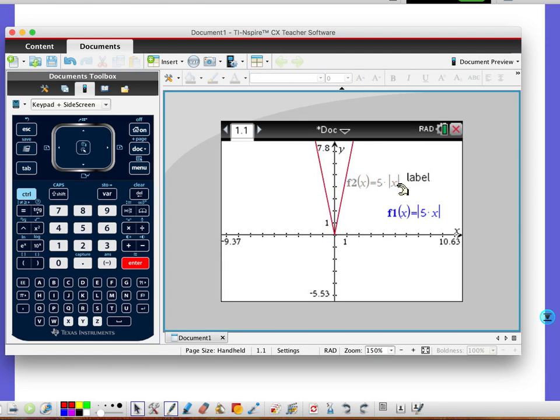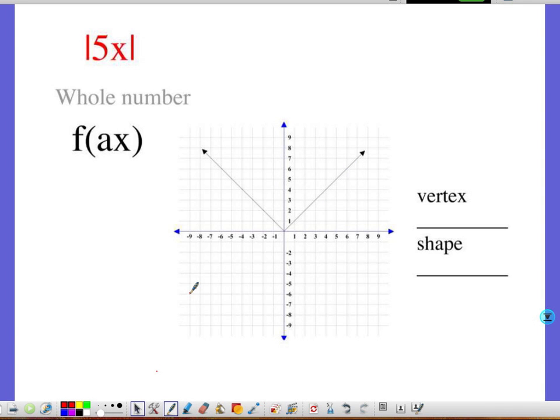Well, my vertical stretch factor of 5 is in red, and now I have this where the 5 is inside the absolute value, and it overlaps exactly. So again, you can see that I have a slope of 5 when I graph this. The vertex stays the same and the shape changes.